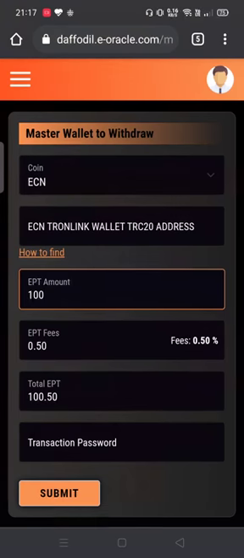That means if you are keeping 100 EPT for withdrawal, on Monday when the payout happens, for those 100 EPTs, whatever the price of ECN is on the Monday, the payout will happen at that price, so that you will not lose anything. Whatever price is on the payout day, the EPT you have withdrawn will be converted at that price and credited into your ECN wallet in TronLink Pro.